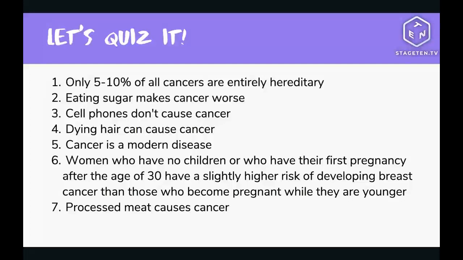Statement number 6: women who have no children or who have their first pregnancy after the age of 30 have a slightly higher risk of developing breast cancer than those who become pregnant while they are younger.